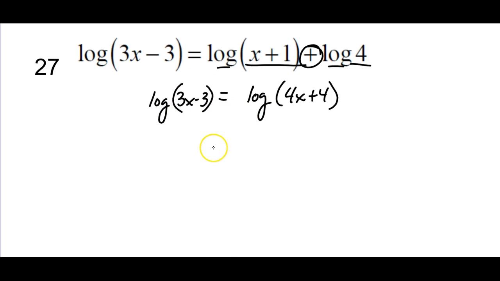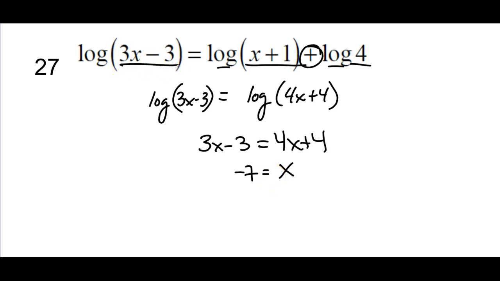So since we have the logarithms at the same base, we can set the insides equal. So I get x equals negative 7. When I substitute this back in, I'm going to get a negative logarithm right there, because that gives me negative 21 minus 3, which is negative 24. So there are no solutions to this.